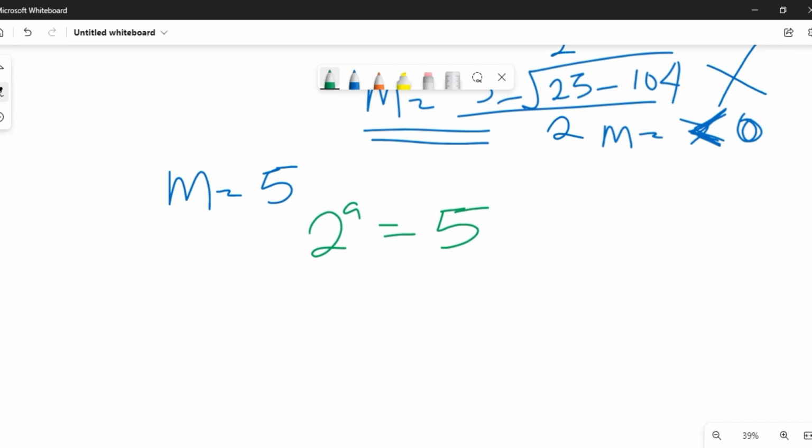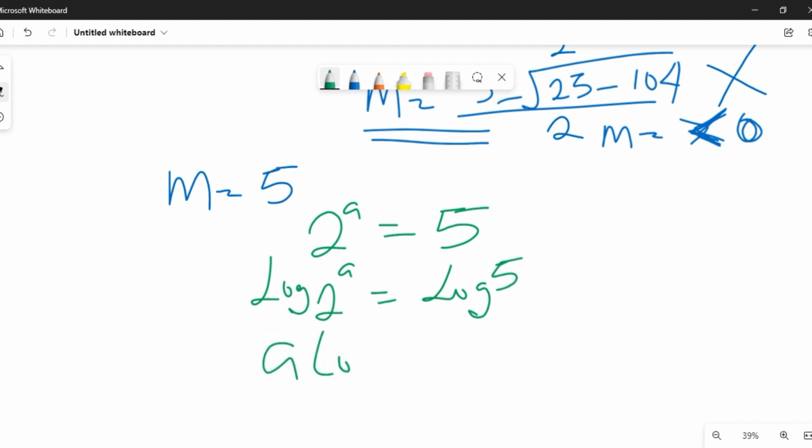So to find a, we take the log of both sides. That will give us a log of 2 equal to log of 5.